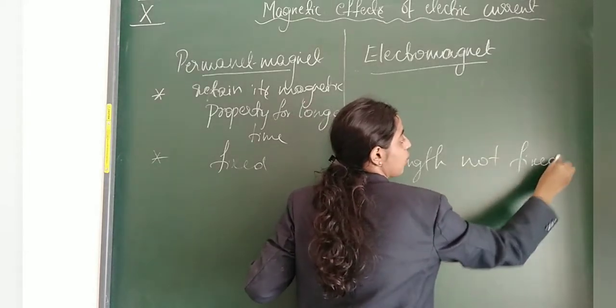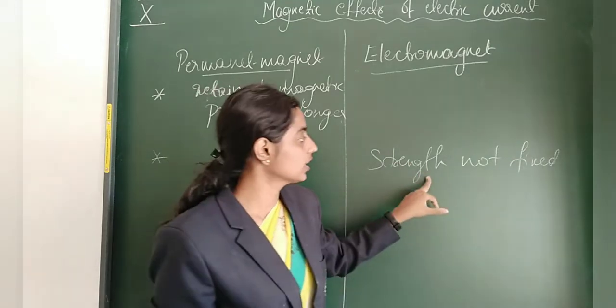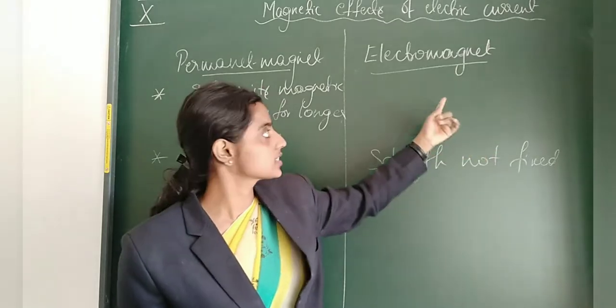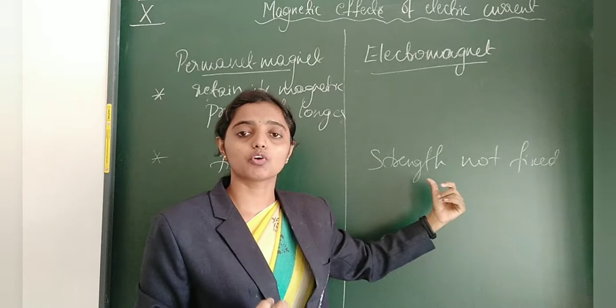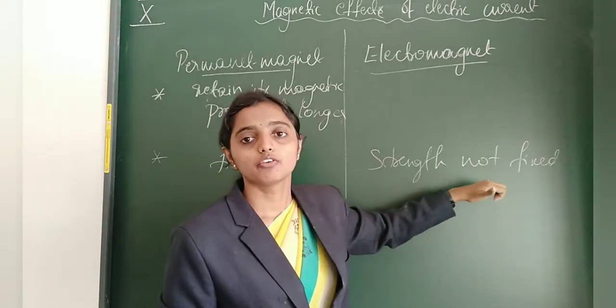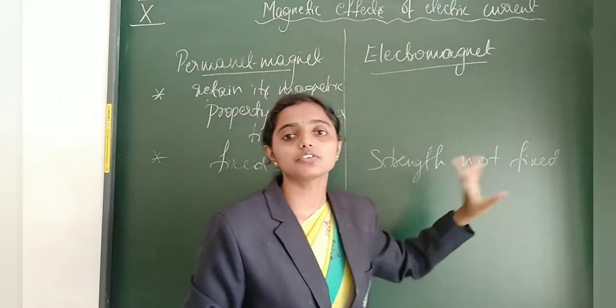That is because if the strength of current is more, then we will get a stronger magnetic field. If the strength of current is less in the electromagnet, then the strength of the magnetic field also becomes lower. So here it is not fixed. It will be varying. I am talking about magnetic field lines.